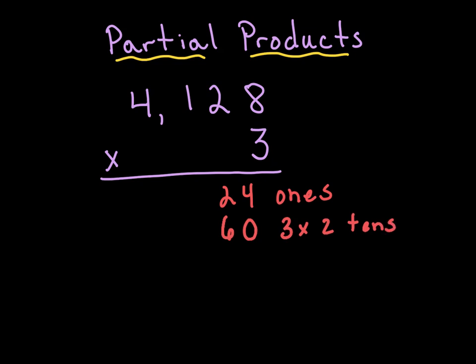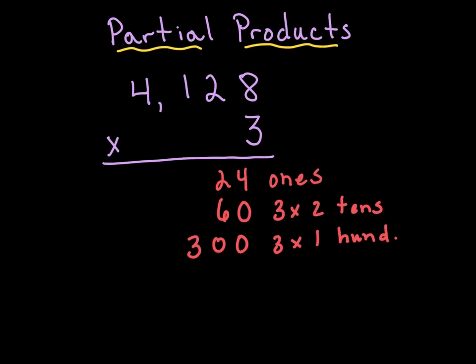Then we go to the hundreds, and that's 300, because that's 3 times 100. Then we go into the thousands, 4 times 3, and that is 12, and that's the thousands, because that's 3 times 4,000.